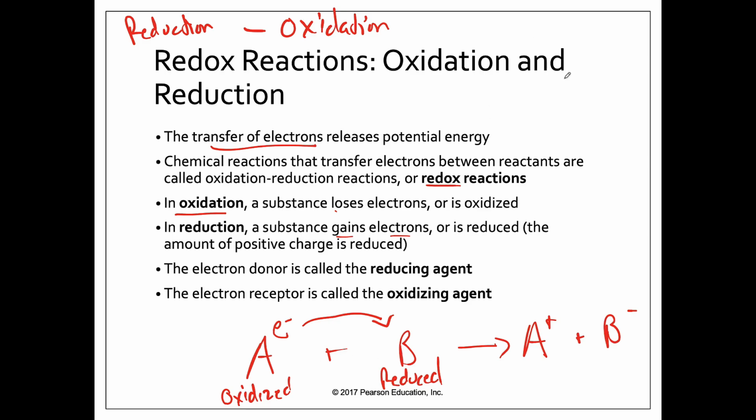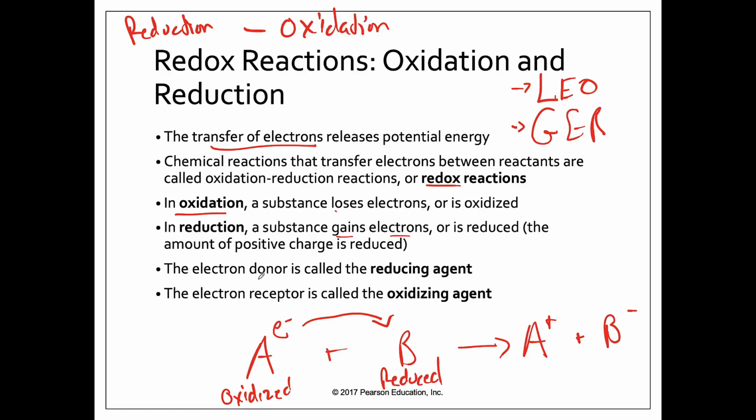There are some silly ways to remember this. One of them is Leo the lion says grr. When you lose an electron, you are oxidized, Leo. When you gain an electron, you are reduced, grr.